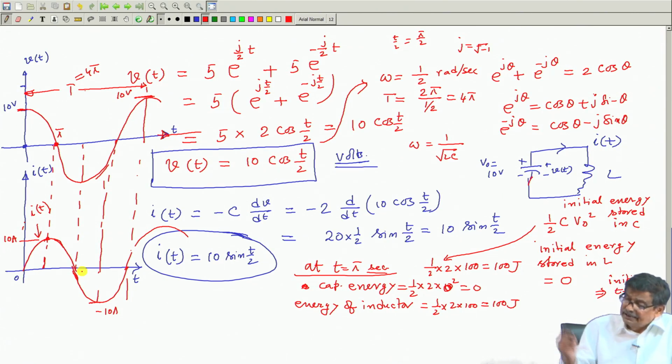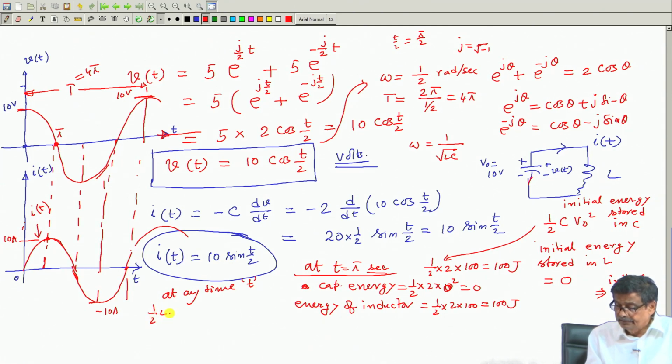What about at any time t? At any time t, energy stored in the inductor is half L I square, energy stored in the capacitor is half C V square. L and C are 2, so this is equal to I square plus V square, for this problem C equal to 2, L equal to 2.